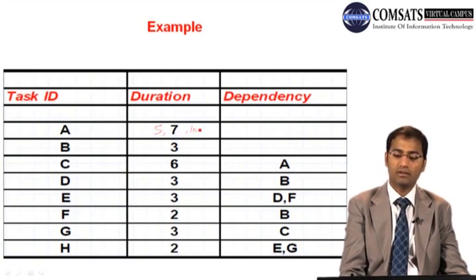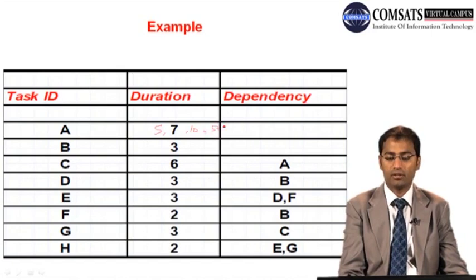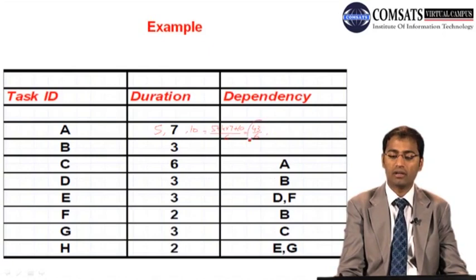If we put these values in the relevant formula, we may have 5 plus 4 times 7 plus 10, divided by 6. So we get like 28, 38 and 43 by 6. And another formula is, this is the mean value. So this is the probable duration, 7.16.